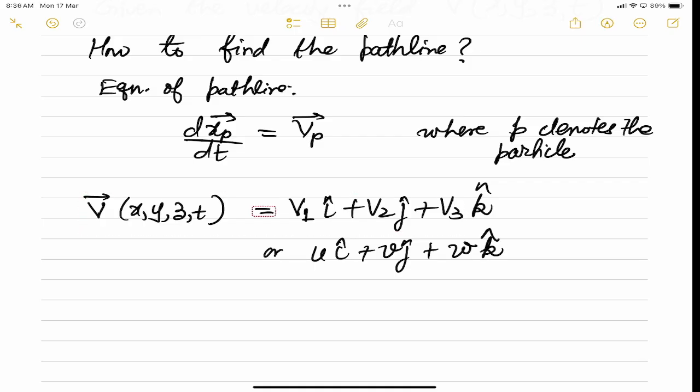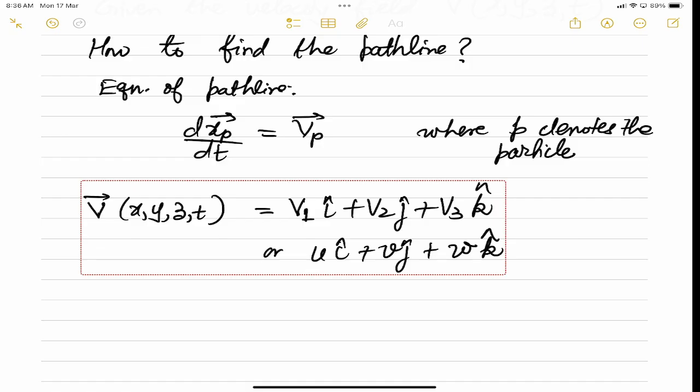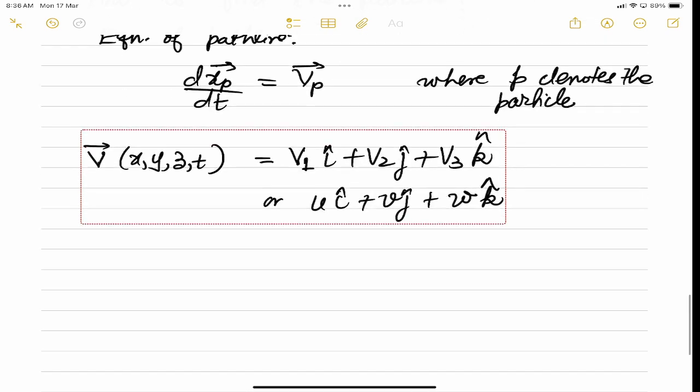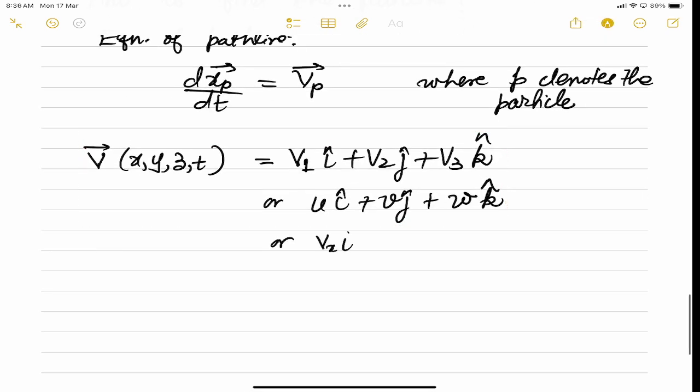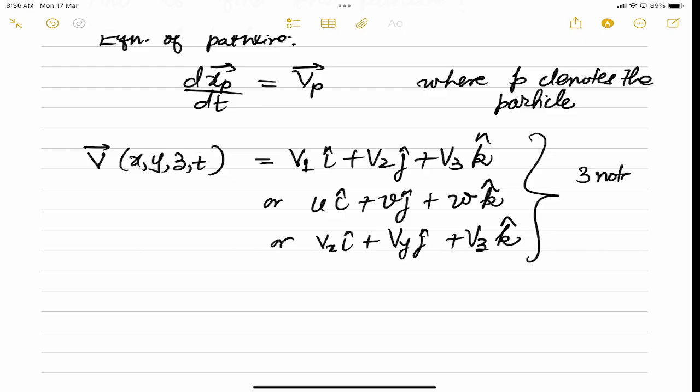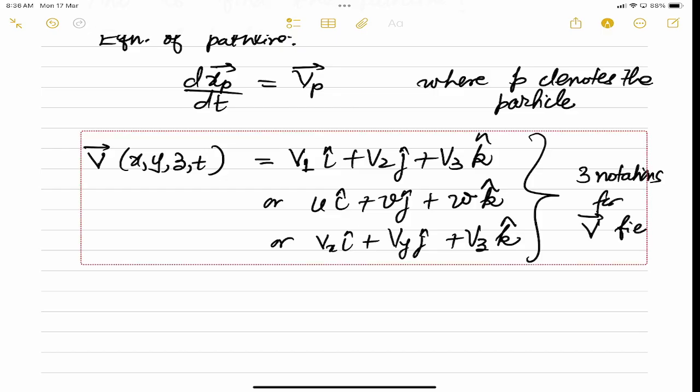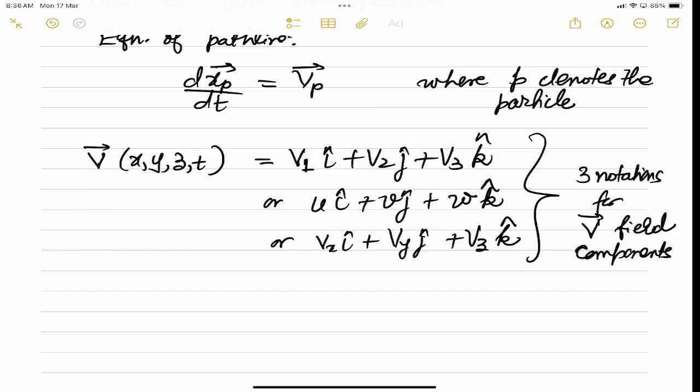We will interchangeably use 2 or 3 notations for components of velocity, or we could use Vx i for the components of the velocity field. We are going to use these 3 notations. If I am using the index notation, I will use 1, 2, and 3.